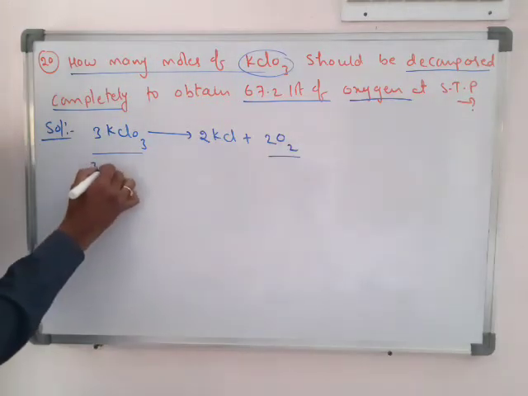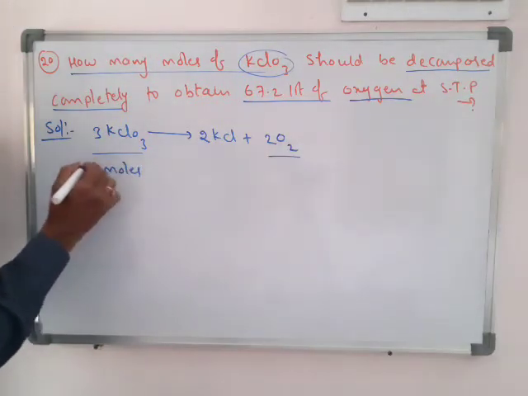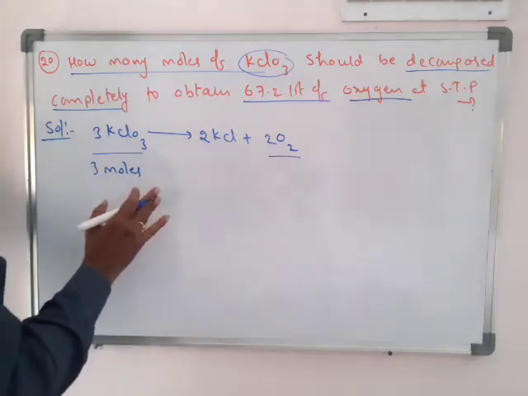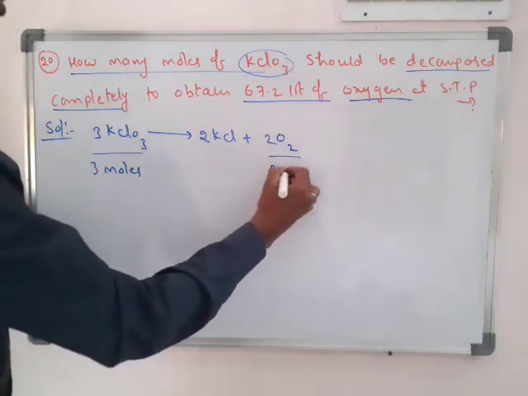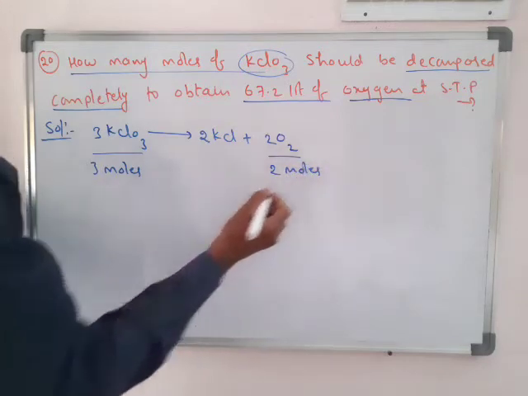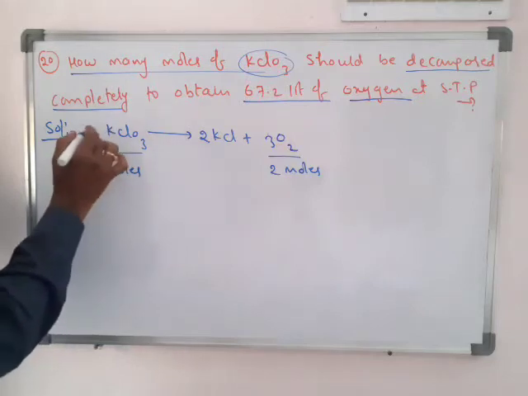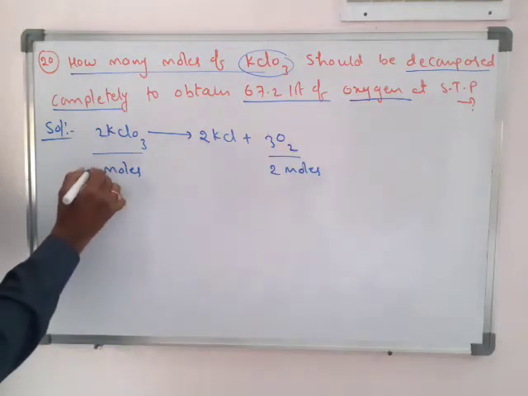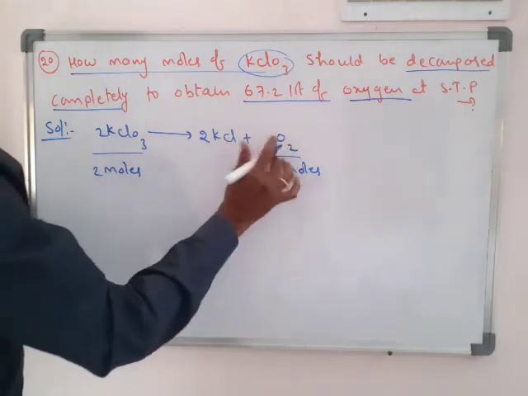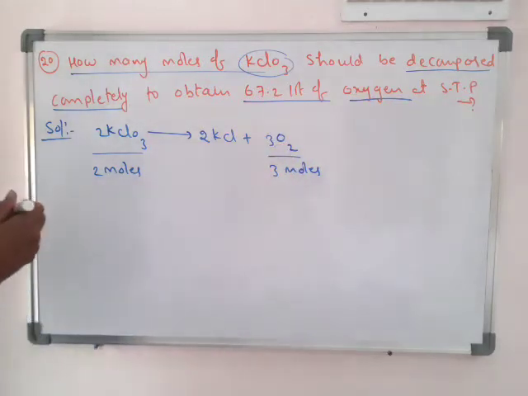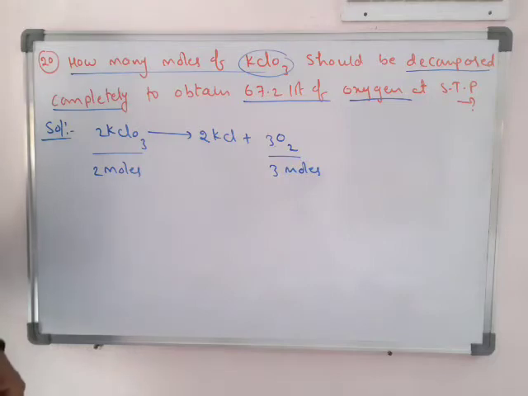First write it in terms of moles: 2 moles of potassium chlorate on complete decomposition gives 3 moles of oxygen.